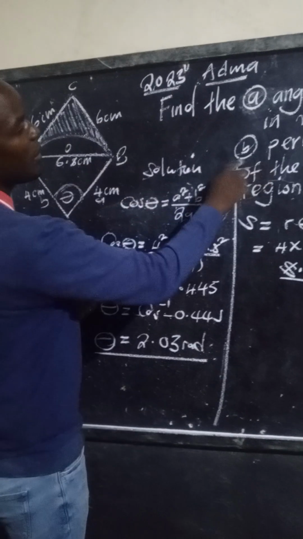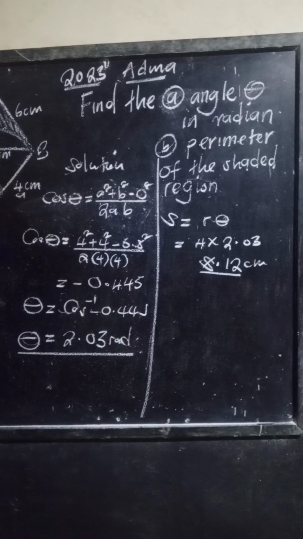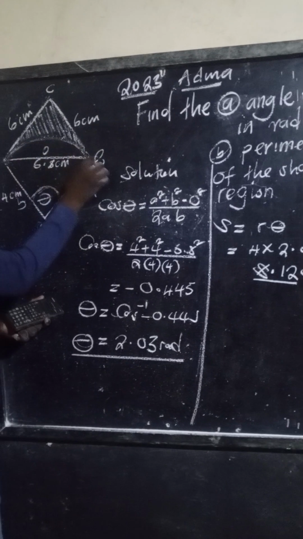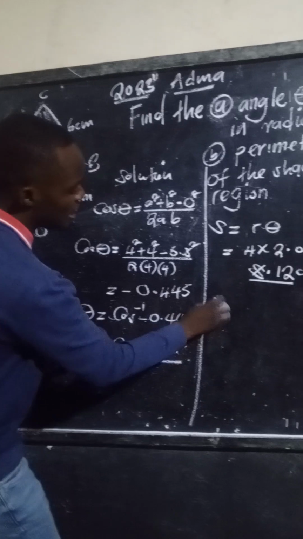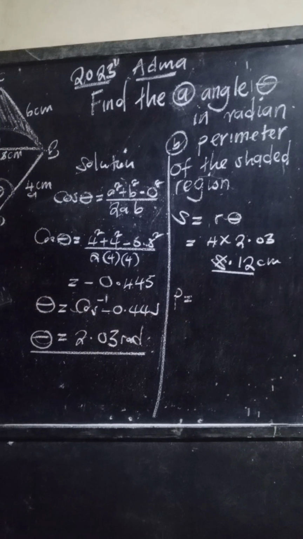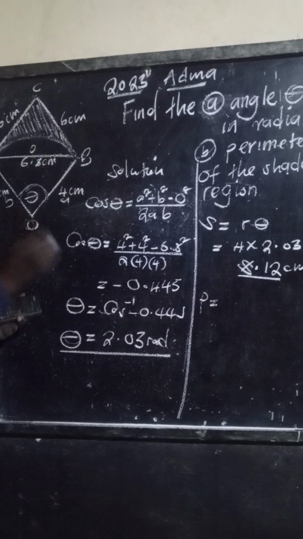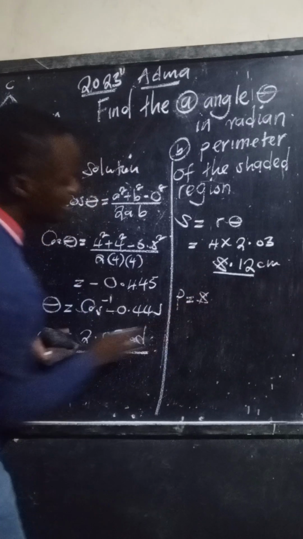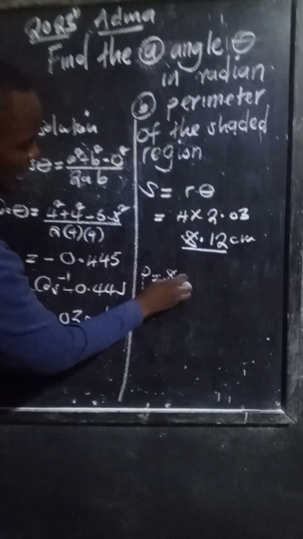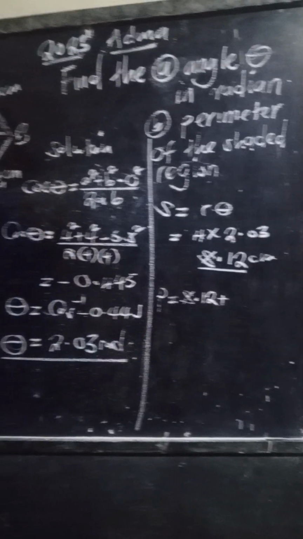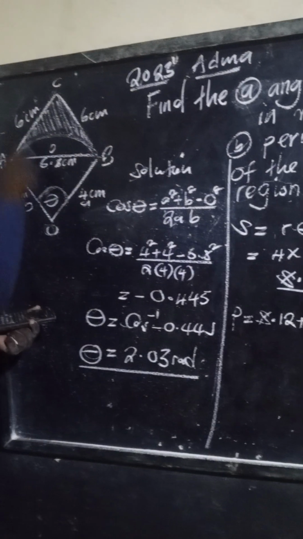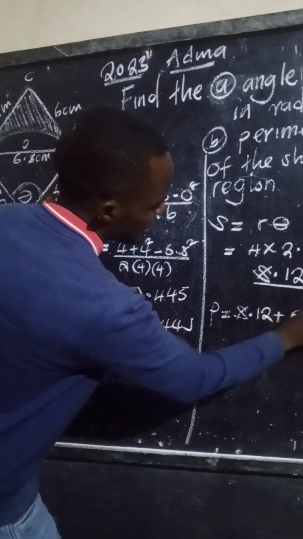But in the question, we're told to find the perimeter. So we know that the distance from here up to there is 8.12. Now for us to find the perimeter, we say perimeter is the total distance around the figure we're talking about. So I'll get my 8.12 plus these 2 radii, which is 6 plus 6.